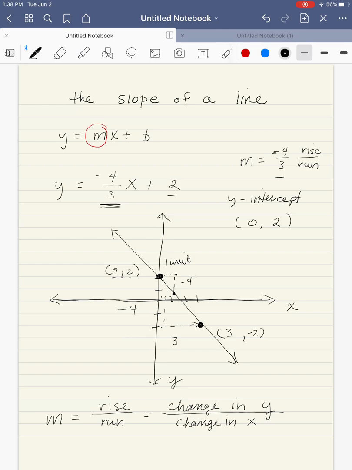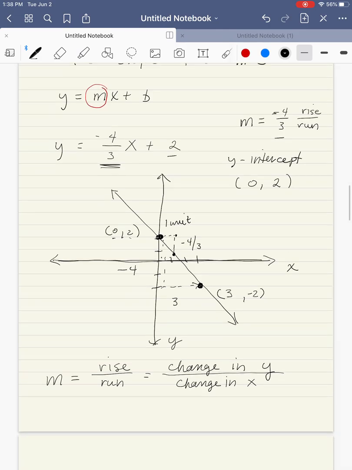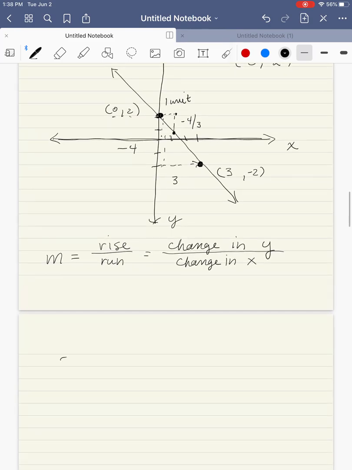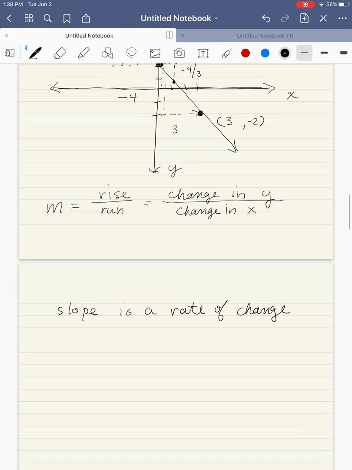And we see that y changed 4/3 of a unit in a negative direction. So slope is also a rate of change. How much did y change for every incremental change in x?